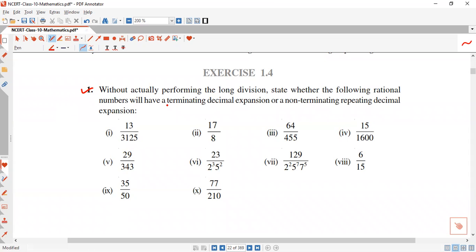That means we have to classify them. These are the rational numbers given to you, and without actually performing the long division. Long division is not allowed.